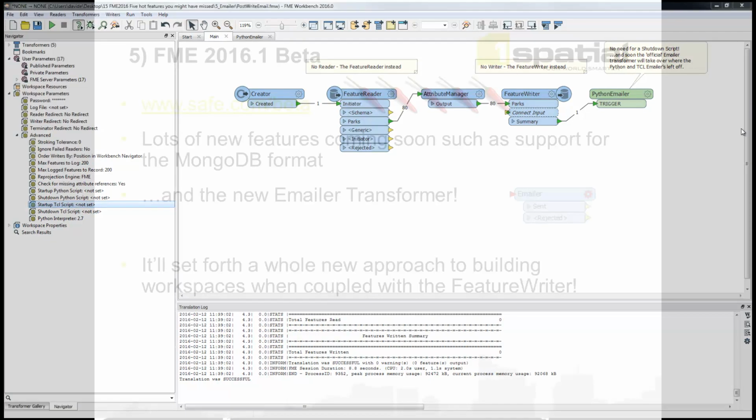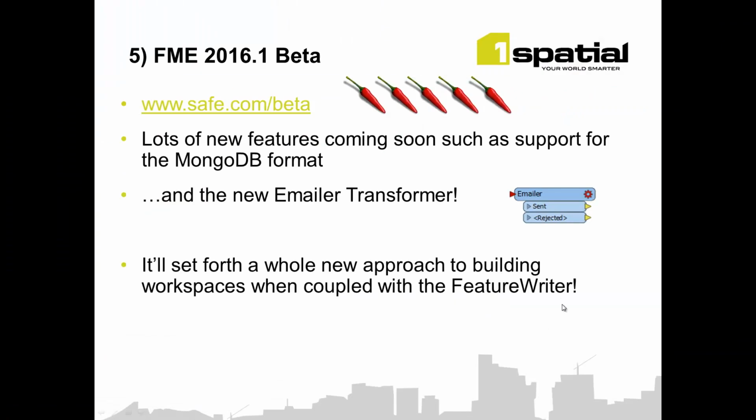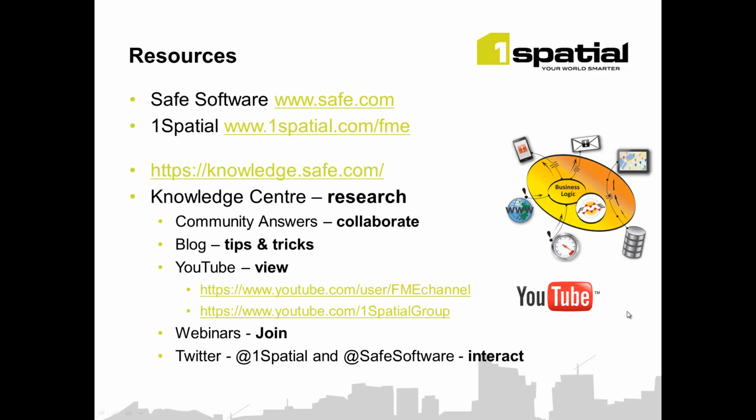But that's really all I wanted to say on the .1 beta and the emailer transformer. It is really going to be the start of a new dawn of the way that you might produce your workflows. So that's it for today, the 5 features that we wanted to highlight.